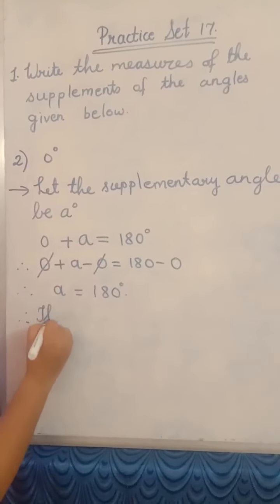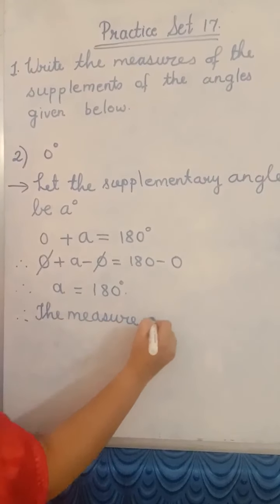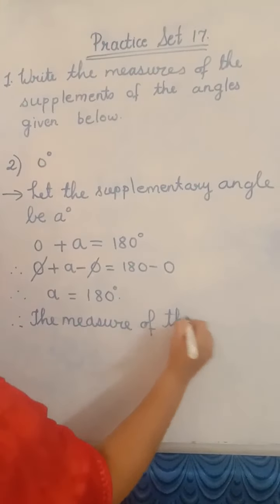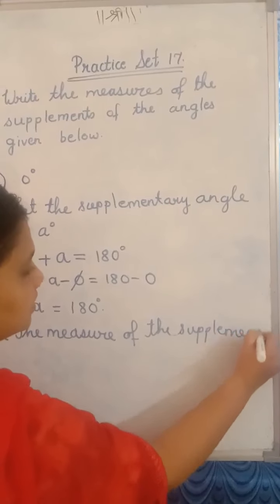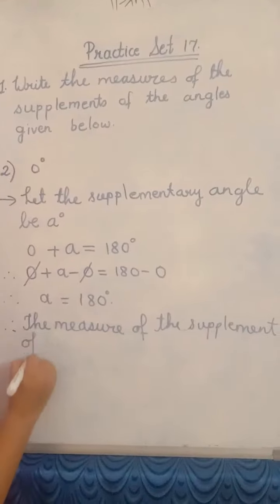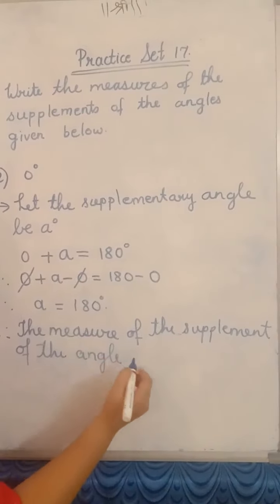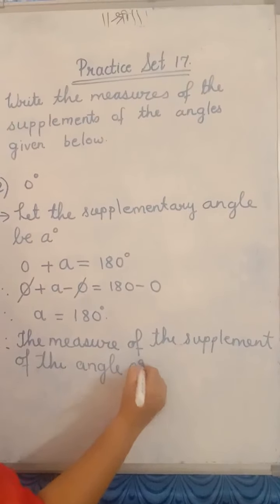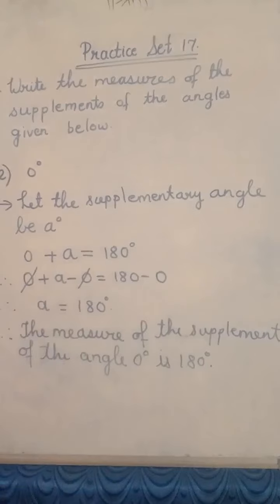Therefore, the measure of the supplement of the angle 0 degrees is 180 degrees.